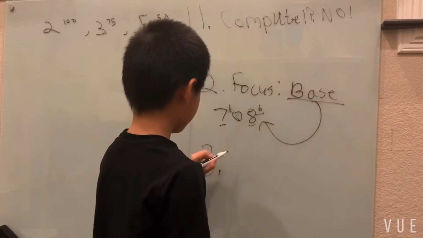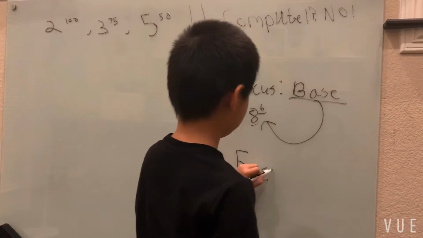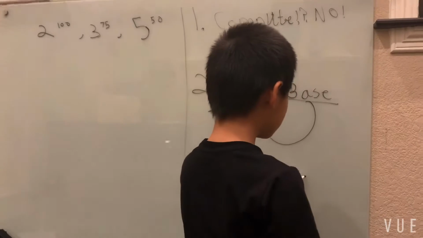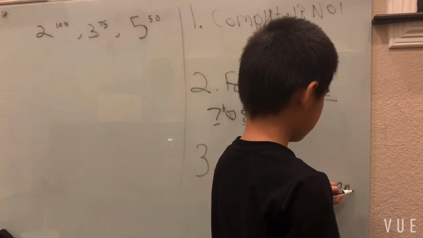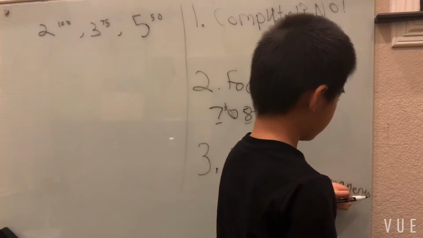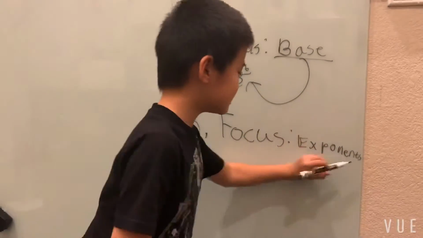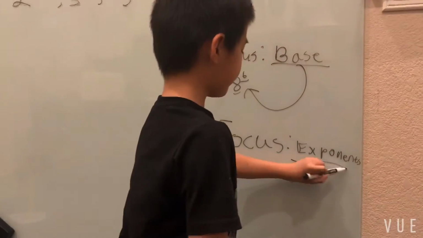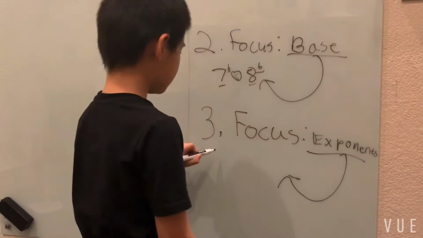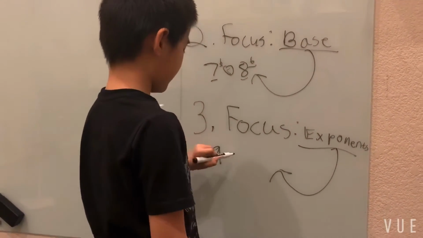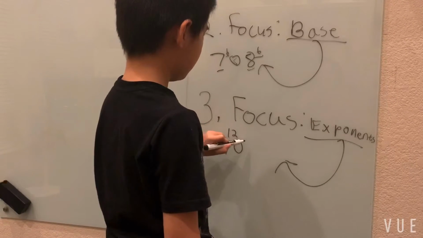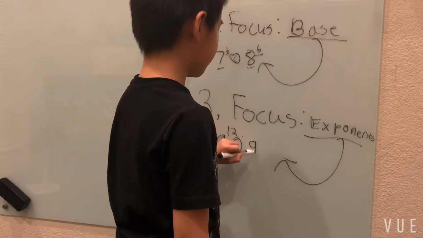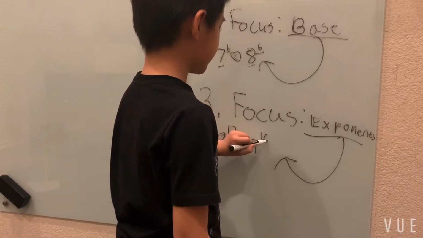And here, this time our focus will be the complete opposite. I'm gonna focus on exponents. Write this down. Exponents. Here, we're gonna take 9 raised to the 12th, and then we have to compare that to 9 raised to the 16th.